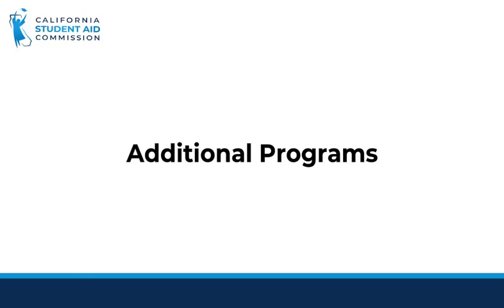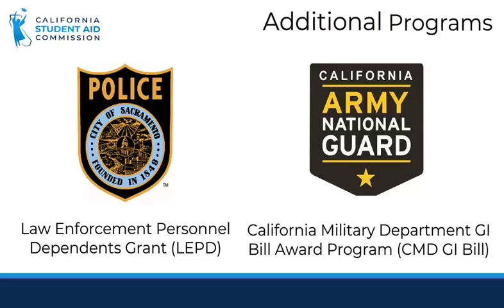Lastly, let's go ahead and take a look at 2 of our additional programs. The Law Enforcement Personnel Dependents Grant, LEPD, is for dependents of spouses, peace officers, and firefighters who were either permanently disabled or passed away while in the line of duty.